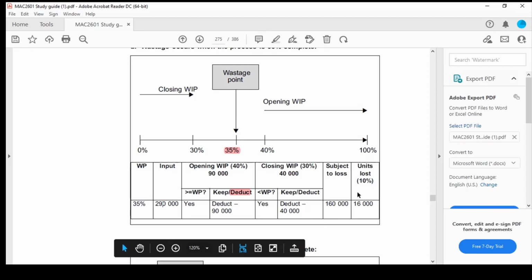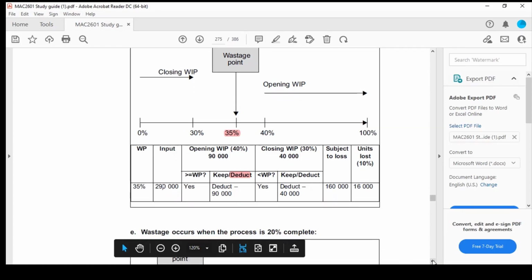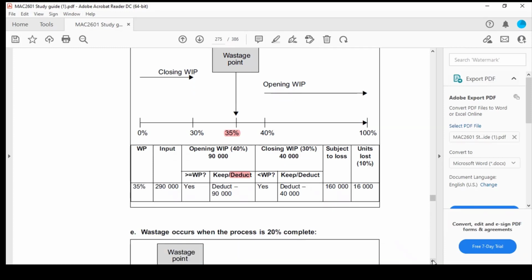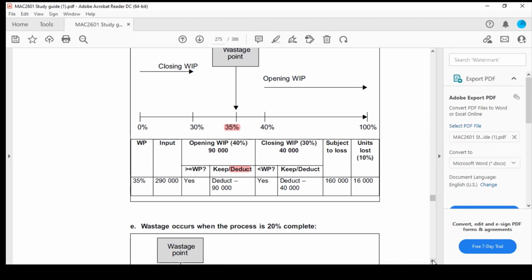Then I ask myself how much of these units will we lose? It is 16,000 units. So what we're saying is that because it's at 30% closing WIP, it didn't pass the 35%. That is why you cannot calculate the loss on that 40,000.